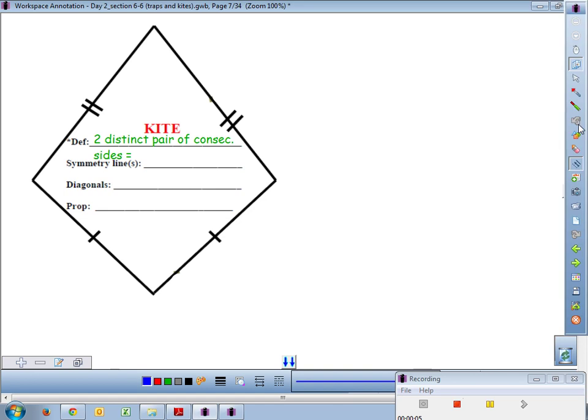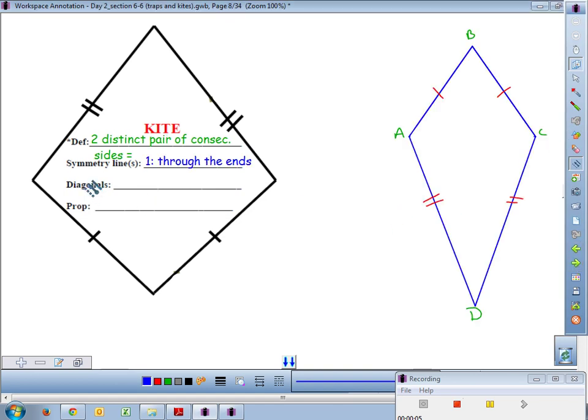When it comes to a symmetry line of a kite, it will have one symmetry line through what's called the ends. So what you have to do is tell me how many symmetry lines there are and where they're located. If you look at this kite that I have drawn to the right here, here's the symmetry line. Everything to the left of it is exactly the same as everything to the right.